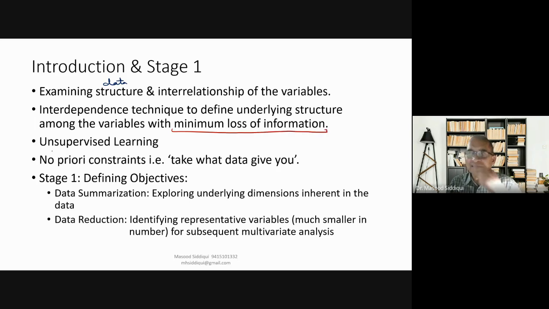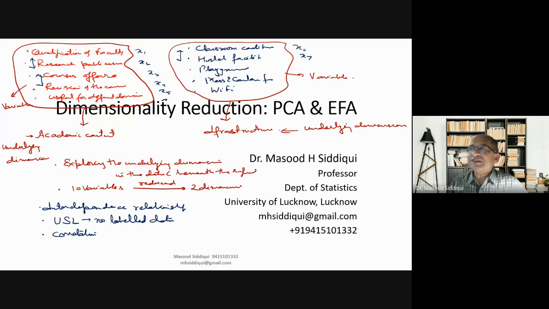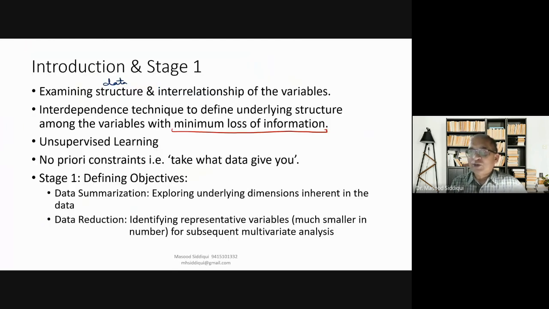This we have discussed as unsupervised learning. Now, when we started the discussion, we don't know how many underlying dimensions there are. So we identified these two underlying dimensions through empirical discussion. We don't know beforehand, so there is no prior constraint. Take what the data gives you. This is a part of empirical analysis.